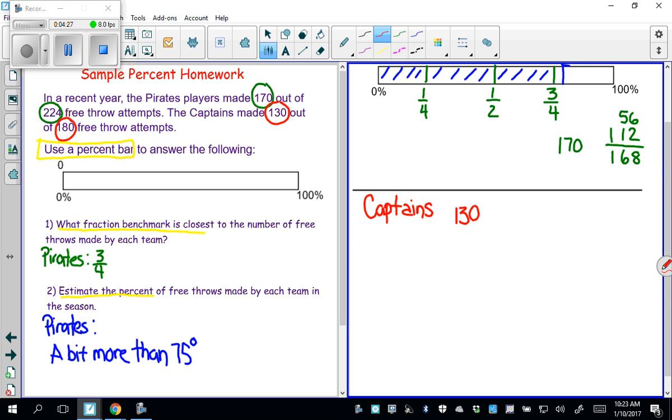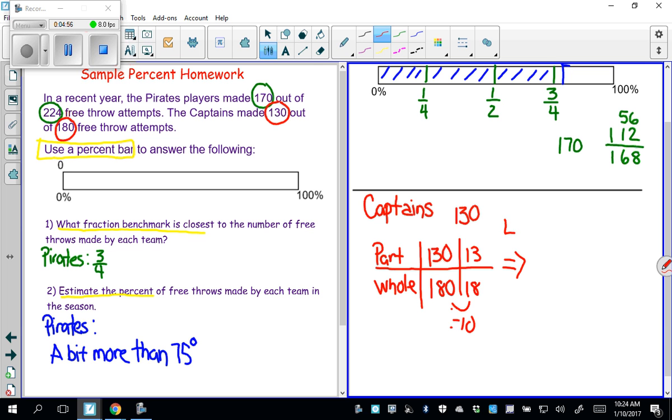Sometimes a part-to-whole comparison can help us. In this case, it'd be really nice to get rid of those zeros, so we could divide down. So 13 out of 18, if we're estimating, is really close to 12 out of 18, which is about 2/3.